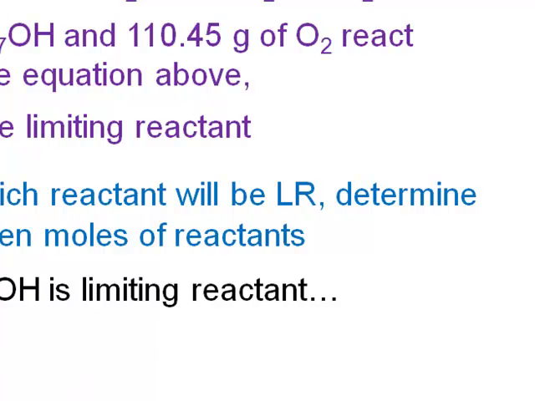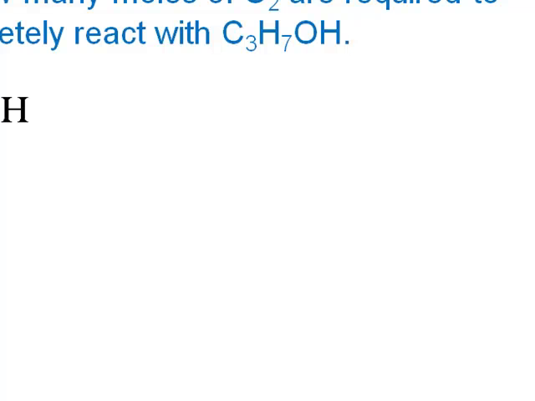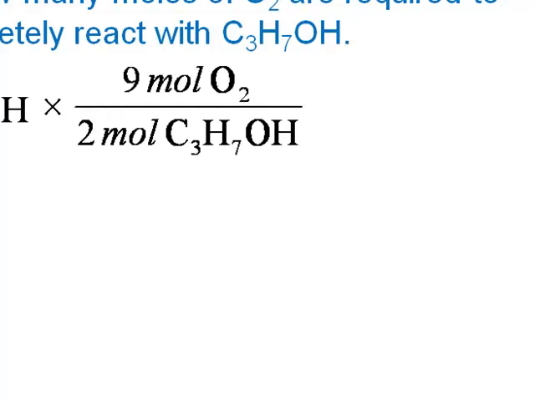Now, if this is our limiter, oh, I'm going the wrong way, that's why. I'm like, why is it disappearing? So, we're still assuming it's our limiter. Then we're converting propanol into moles of oxygen.